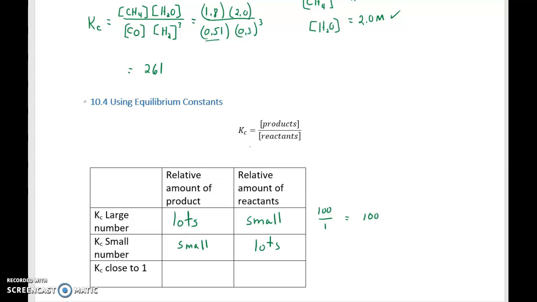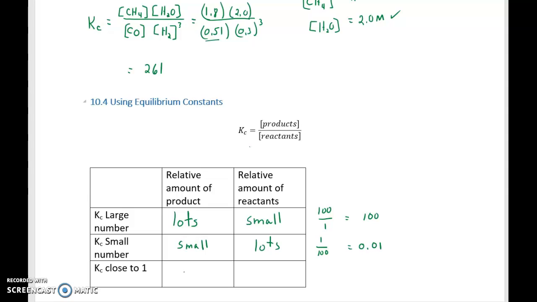So you'd end up with the product having something like a 1 and the reactant being 100, you'd end up with 0.01, something less than 1.